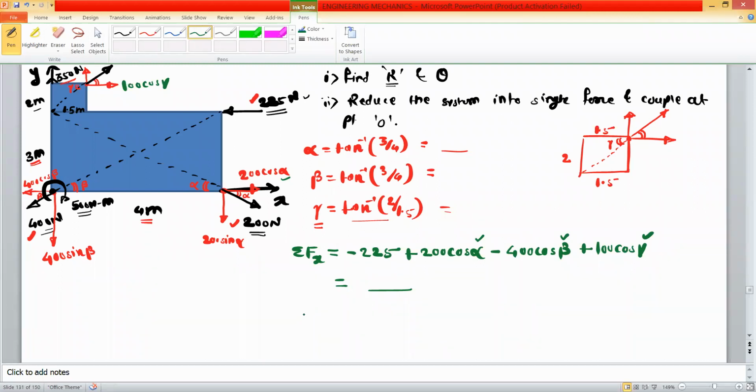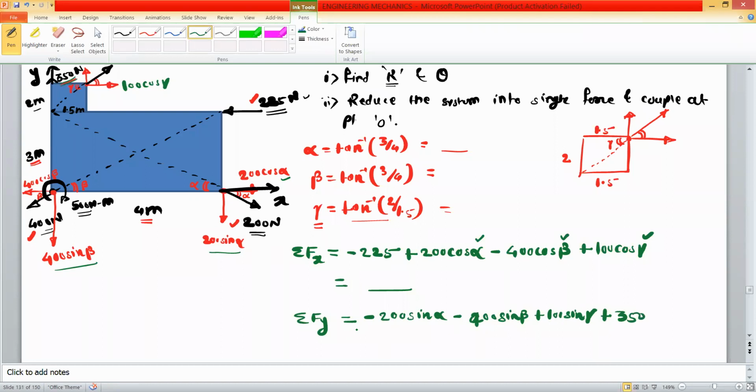Okay, then find out summation fy. So for summation fy, 200 sin alpha in the negative y direction, so minus 200 sin alpha, 400 sin beta, again it is negative, so minus 400 sin beta, then 100 sin gamma, it is in the positive y direction, so plus 100 sin gamma, and this 350 Newton, okay, will be in the y direction, so it is plus 350.